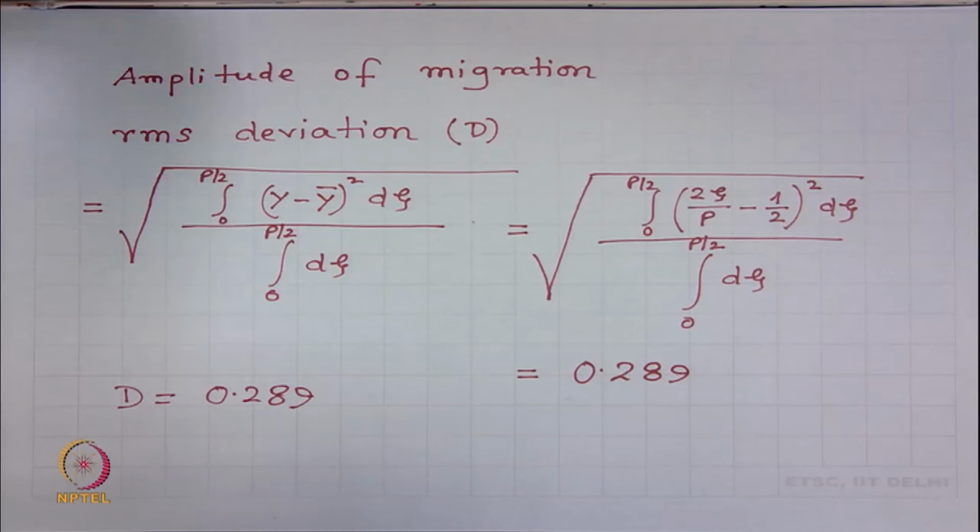The last characteristic is intensity of migration.